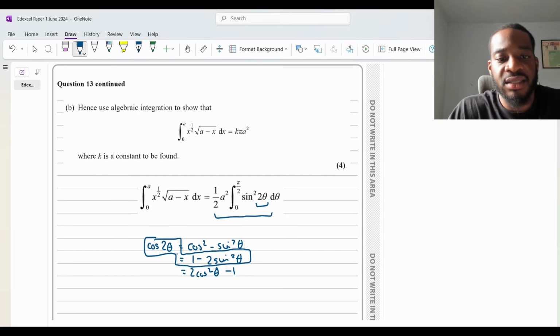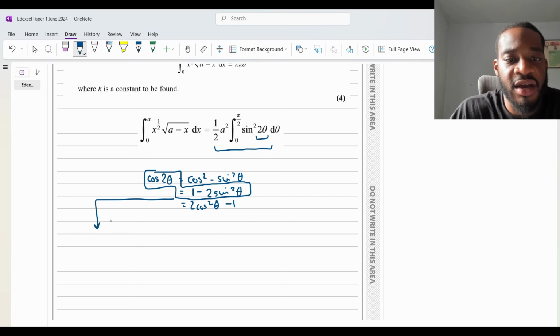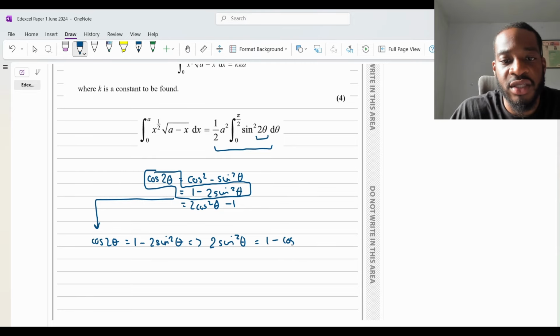If I rearrange that, let me not get rid of it, let me just write it like that. Cos 2 theta is equal to 1 minus 2 sine squared theta, which algebraically means that if I move the 2 sine squared theta to the left and the cos 2 theta to the right, I have 1 minus cos 2 theta.